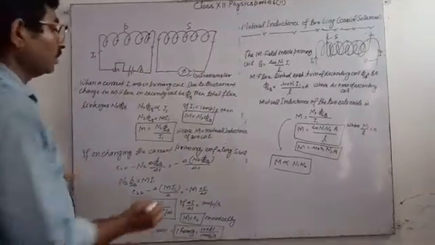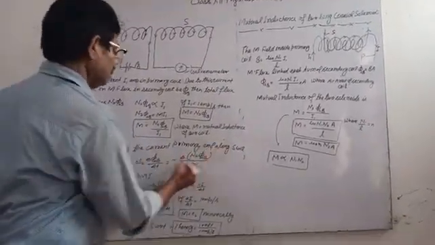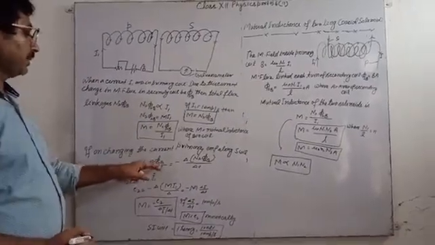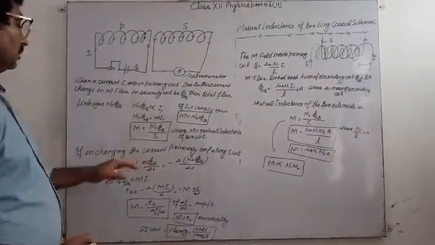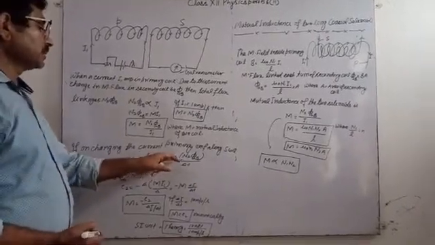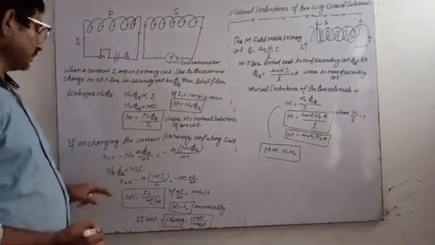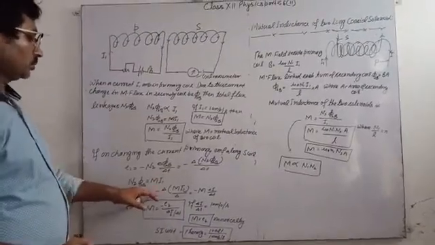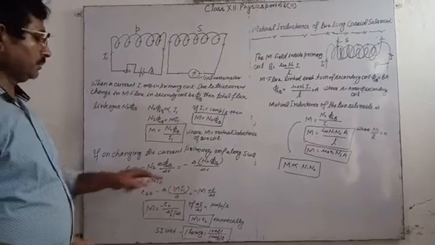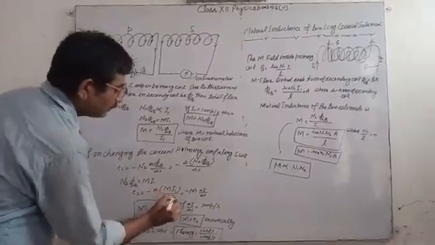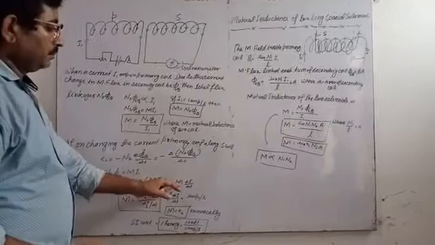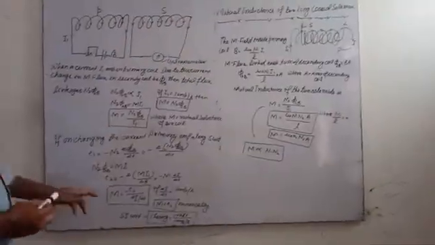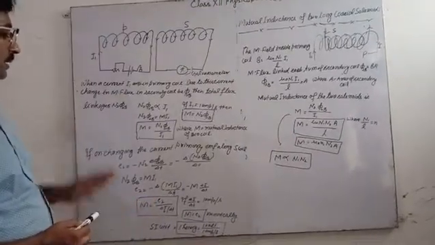Then E2 equal to minus N2 delta phi 2 by delta t, or you may write minus delta of N2 phi 2 upon delta t. N2 phi 2 may be written as M I1, so E2 equal to minus delta of M I1 upon delta t, or minus M into delta I by delta t. From this, M equal to minus E2 upon delta I by delta t.